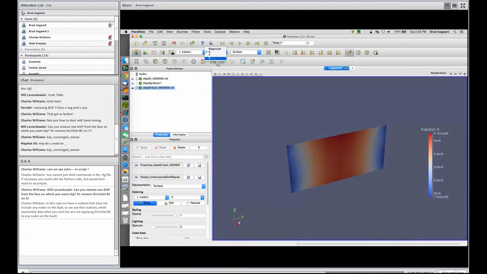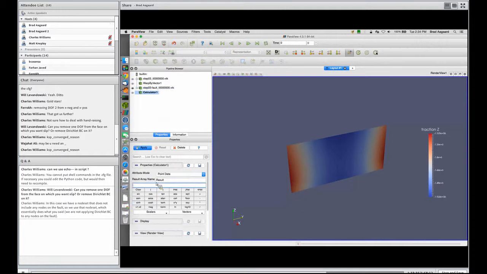Our normal traction is minus 1.5 at the middle, minus 1.3 at the edges. Now if we do the calculator and do absolute value of traction x divided by absolute of traction z, what that is.